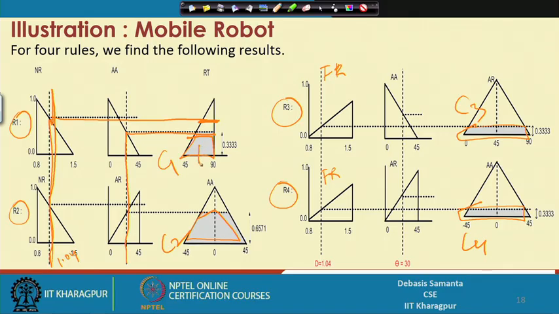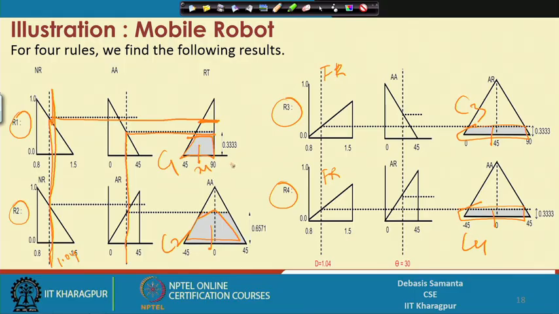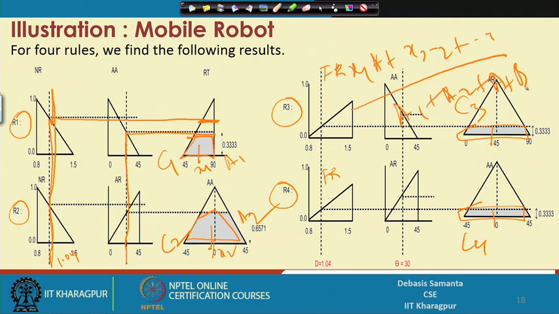If we follow the COS method, for example, we take this area and the middle value, take this area and middle value, take this area and middle value, take this area and middle value, and use the equation: if it is x1 it is a1, the area, if it is x2 then a2, x3 then a3, and x4 then a4. The formula is x1 a1 plus x2 a2 plus so on, divided by a1 plus a2 plus a3 plus a4. So, this will give you the output, the delta value. This way it can be calculated.